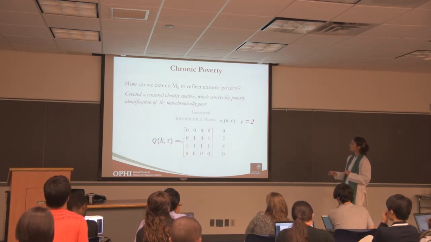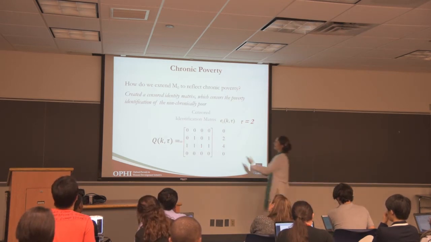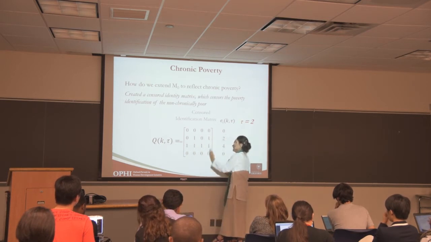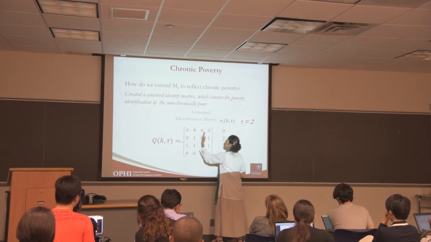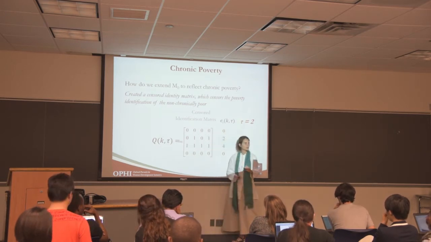So that is with this identification matrix. But recall that behind each of the columns of this identification matrix is a matrix, let's think of it coming this way, of censored deprivations.